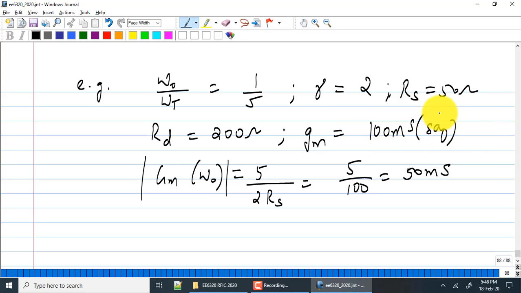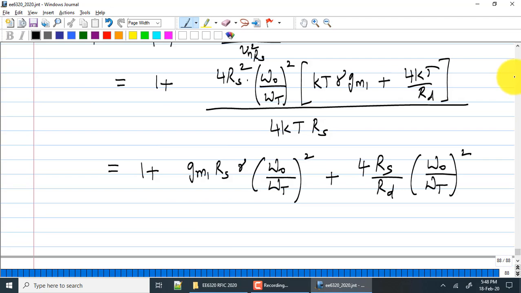Let us say for the given current consumption spec, omega t is achieved with the current consumption at 100 millisiemens. What would be the noise figure? So 0.1 into 50, that is 5.